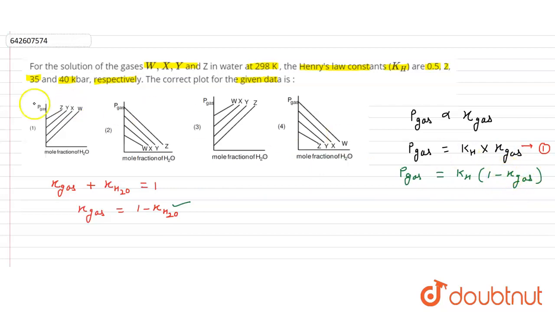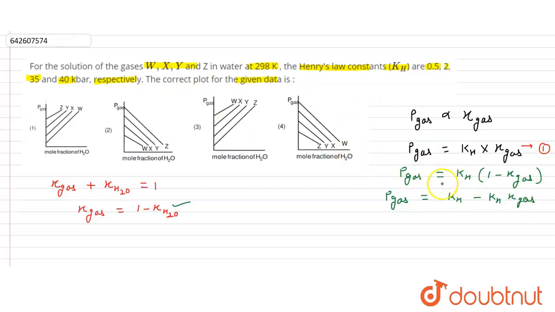I'm just deriving the relation between the partial pressure of the gas and the mole fraction of the water, because this equation has the partial pressure of the gas and the mole fraction of the gas, so we have to derive the relation according to the demand of the question. So the partial pressure of the gas equals KH minus KH times the mole fraction of water.